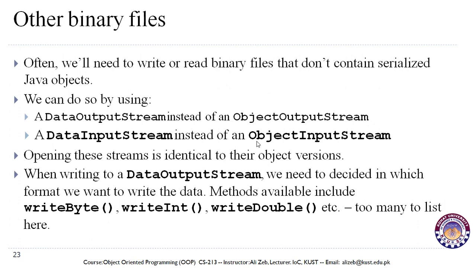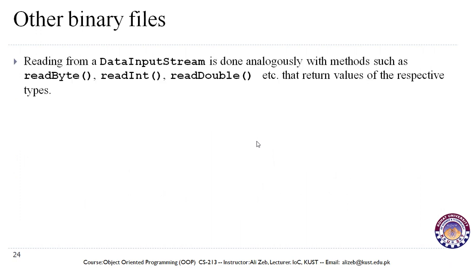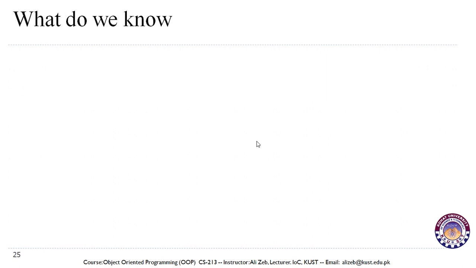When writing to a data output stream, we need to decide in which format we want to write the data. Methods available include writeByte, writeInt, writeDouble, etc. There are too many to list over here. Reading from a data input stream is done analogously with methods such as readByte, readInt, readDouble, etc. that return values of the respective types.